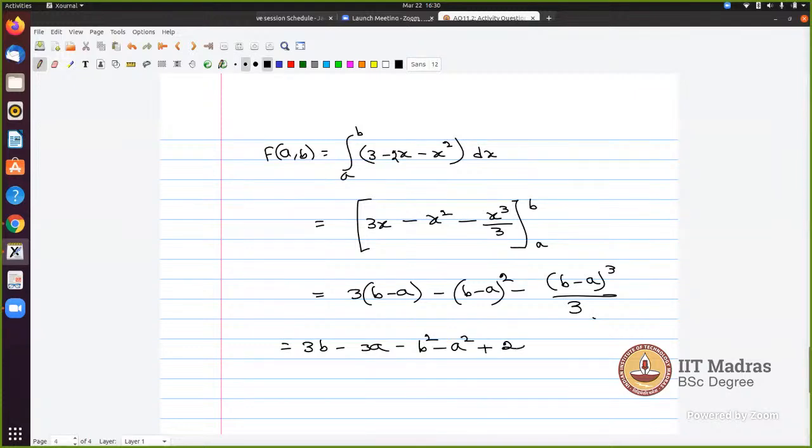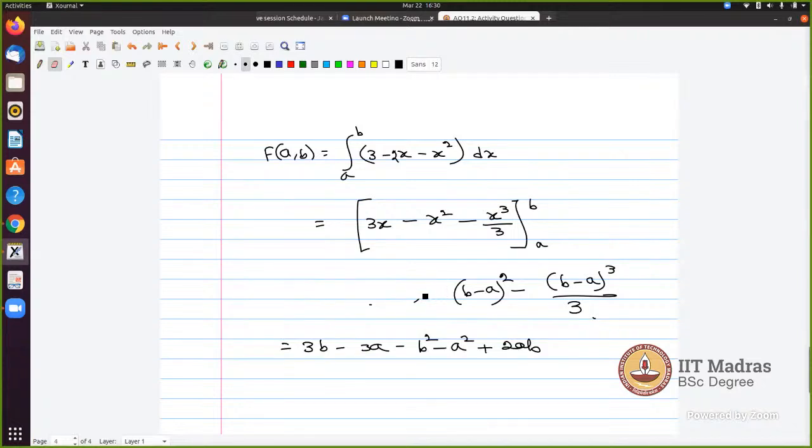So I was having a doubt. Can I ask now? Yes. While doing this integration, I first substituted the value of b like 3b minus b square minus b cube by 3. Then I didn't do the a part.